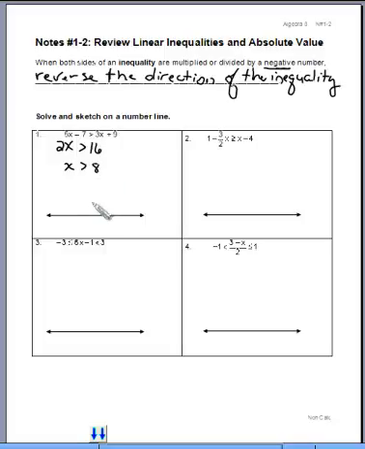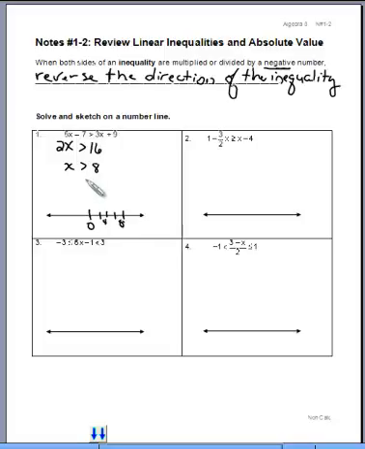Now, if you're going to set that on a number line, always put your 0 in there, and then you can set some sort of a scale, 2, 4, 6, 8 if you want to. Counting by 2s, this is 4, this is 8. If you want to go on 10, 12, you can. Now remember, if it's greater than 8, it doesn't include 8.